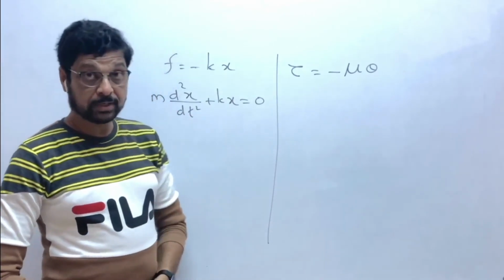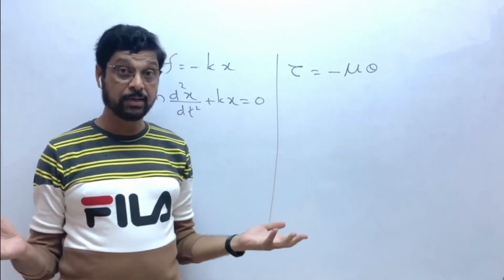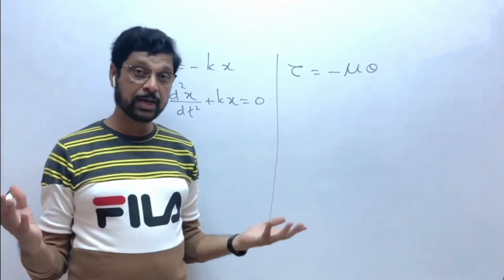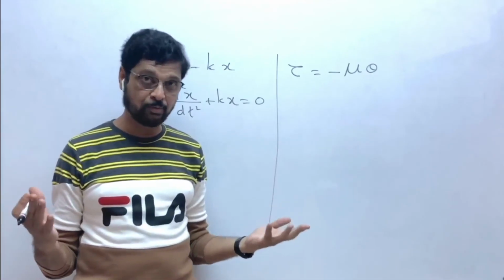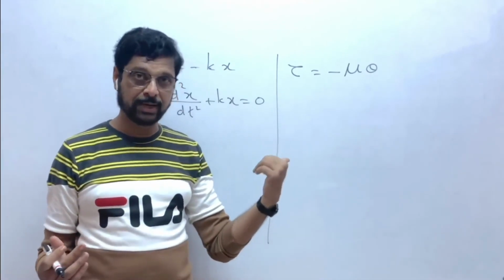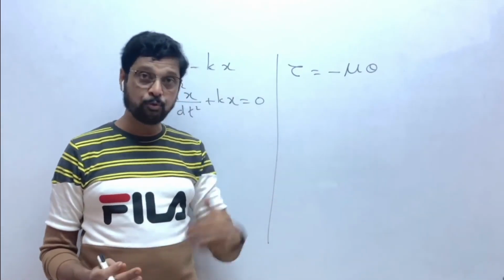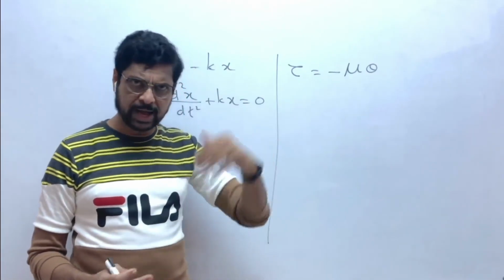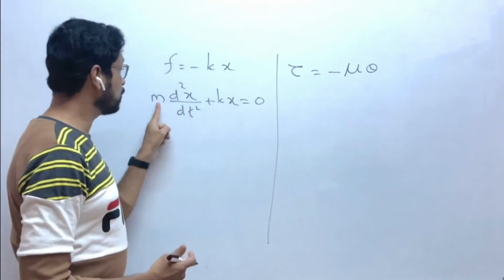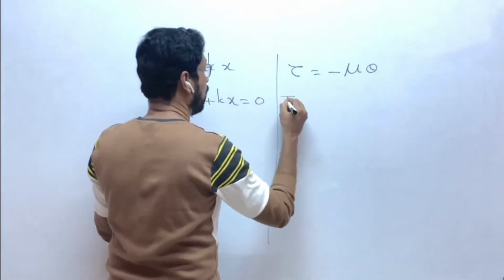For those students who have not studied rotational motion in the classroom yet, for them this will be a new thing. But those who have studied rotational motion, they know it very well. For those who haven't, just see this much for now, we will see the rest ahead. Okay. In place of mass, it will be moment of inertia.